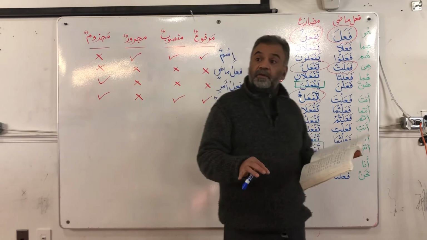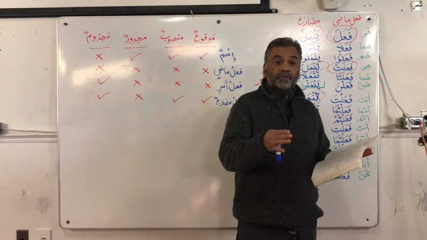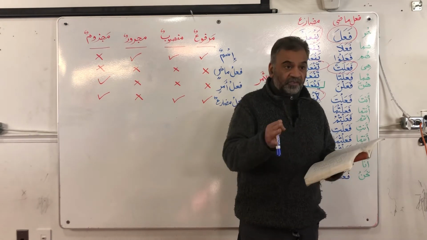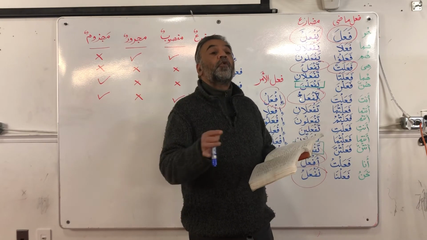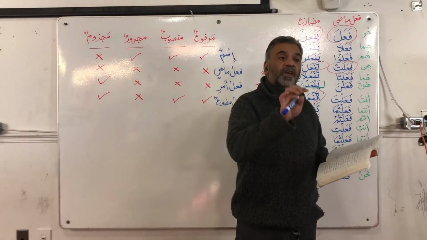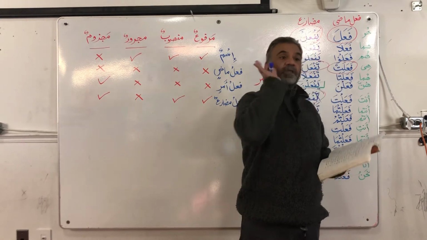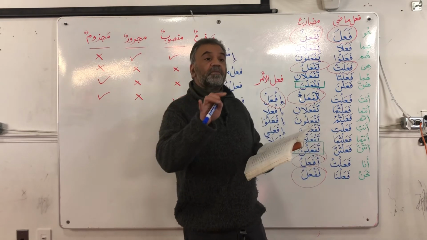Alal maktabi is your khabar, jarun wa majrurun, shibu jumla, khabar, phrase. It is on the desk. Fi ghurfati. How many words in fi ghurfati? Three words. Fi, ghurfatu and ya mutakallim, in my room. It is on the desk in my room.